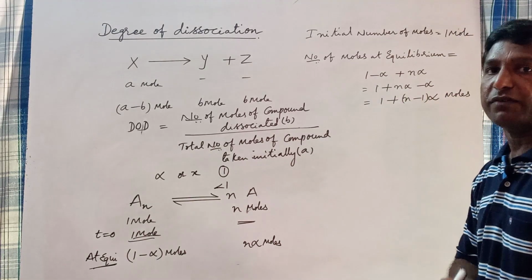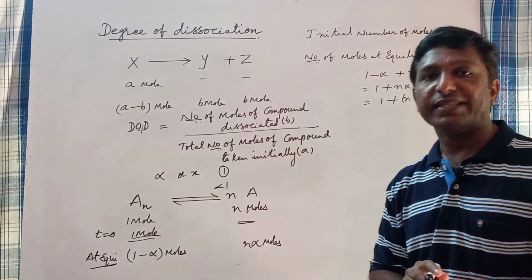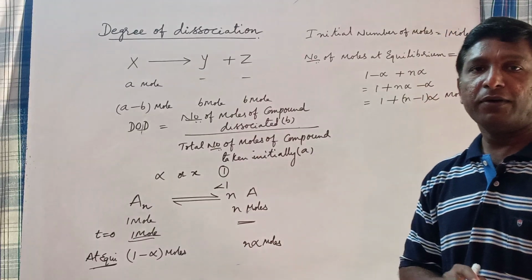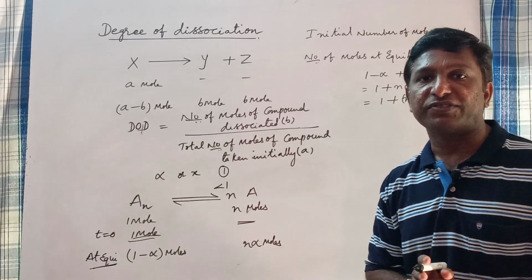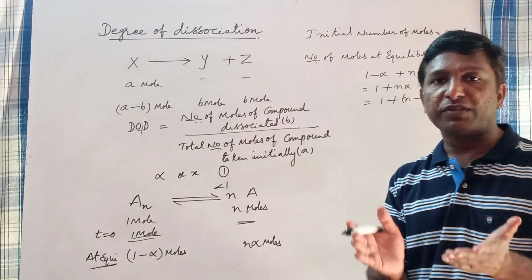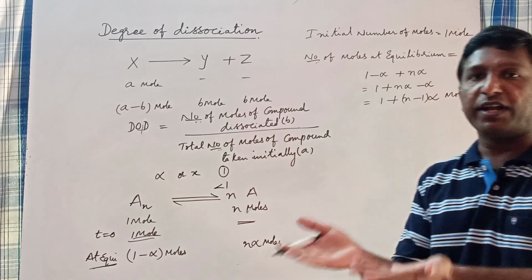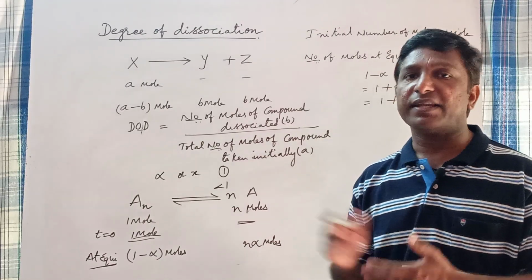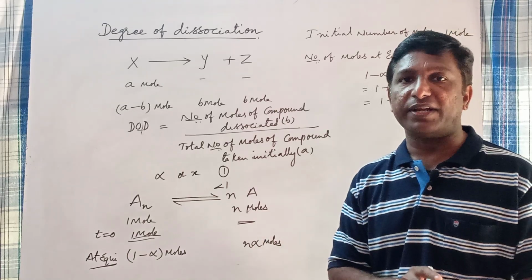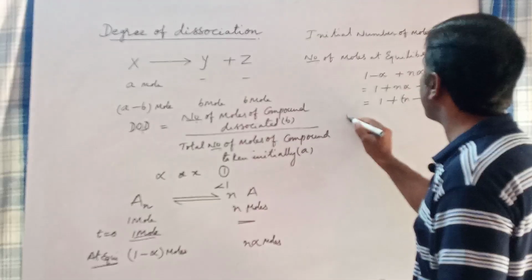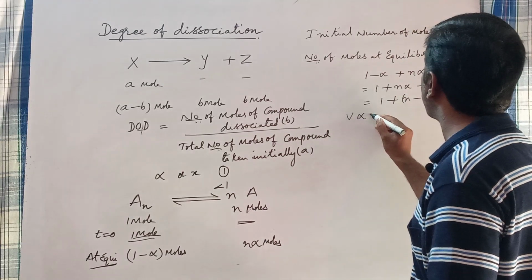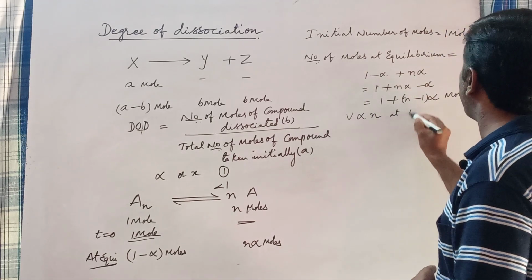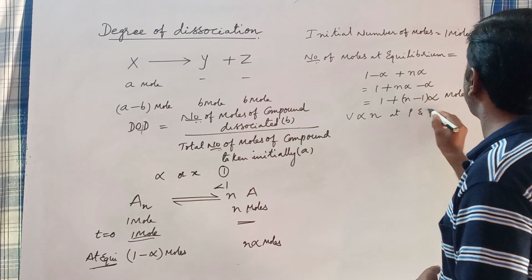This is the total number of moles of reactants and products in the reaction mixture at equilibrium state. Now, we know that as per Avogadro's law, equal volumes of all gases contain an equal number of molecules under similar conditions of temperature and pressure. Here the temperature and pressure are constant. The volume of a given mass of gas is directly proportional to its number of moles at given conditions of temperature and pressure.